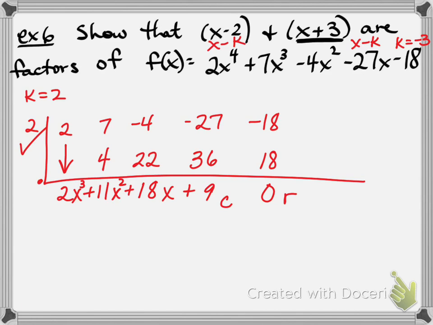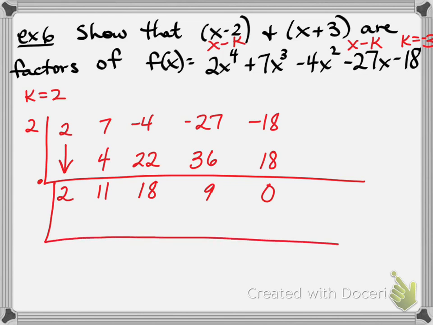So I can also just start right here with k being negative 3, and divide again with the negative 3 out here. That's what the book means by repeated division as the title for this example.